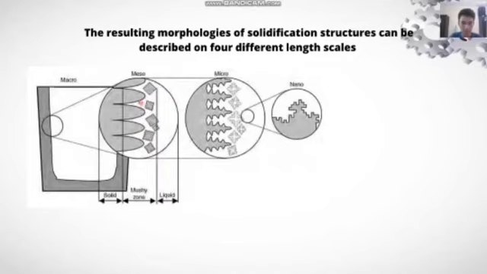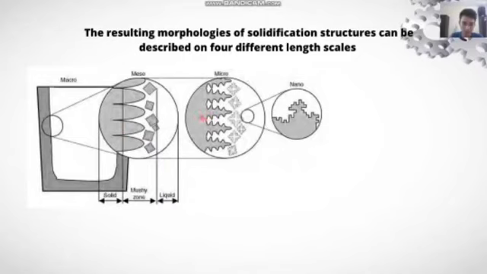Mesoscale structure is a length scale on the order of 10 to the power of minus 4 meter. It allows description of the microstructural features at the grain level without resolving the intricacies of the grain structure.